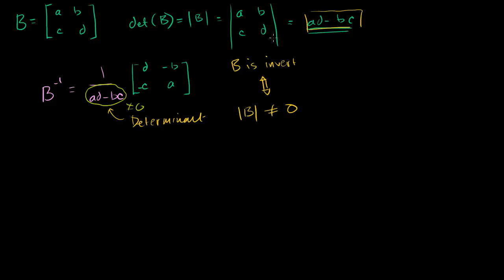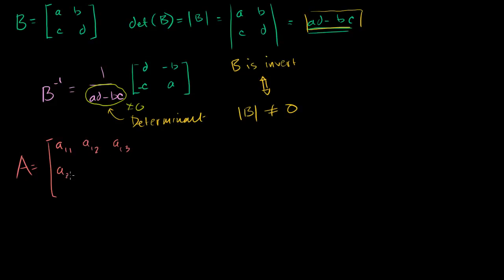Now, the next question is, well, that's just a 2 by 2. Everything we do in linear algebra, we like to generalize it to higher numbers of rows and columns. So the next step, let's just do baby steps. Let's start with a 3 by 3. Let's define what its determinant is. So let me construct a 3 by 3 matrix here. Let's say my matrix A is equal to, let me just write its entries: first row, first column, first row, second column, first row, third column.